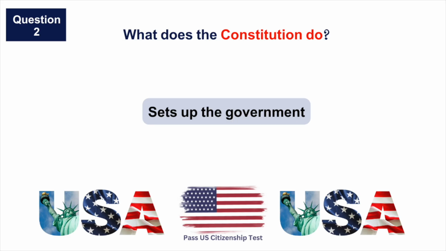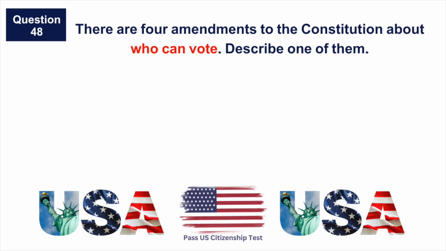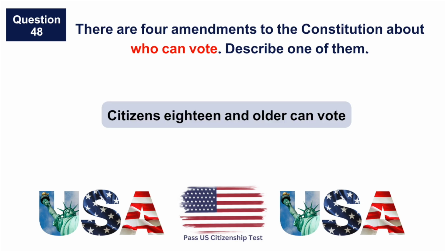Sets up the government. There are 4 amendments to the Constitution about who can vote. Describe one of them. Citizens 18 and older can vote.